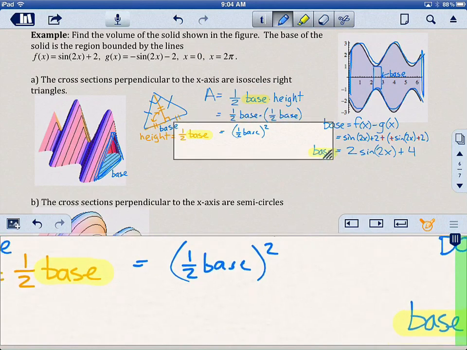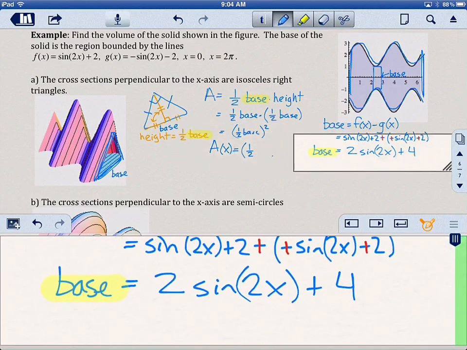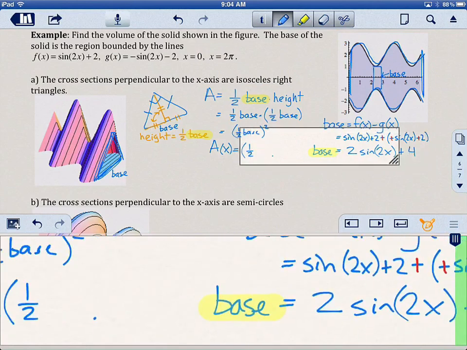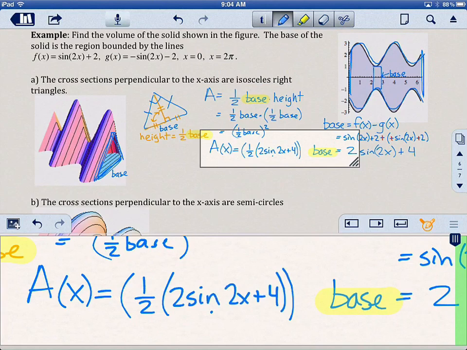Okay, so all in all, our area of our known cross section of x is going to be 1/2 times the base, which is 2 sine 2x plus 4, and then that squared.